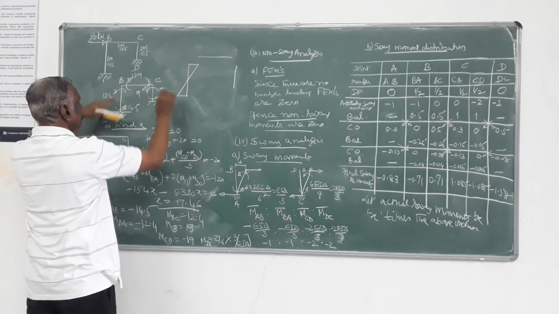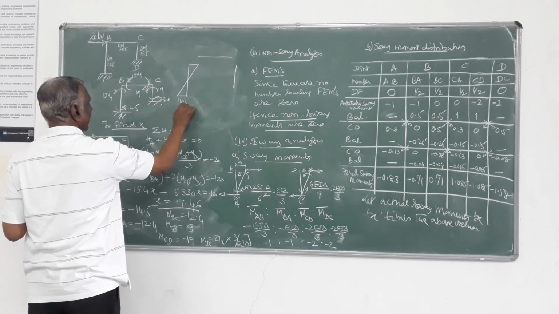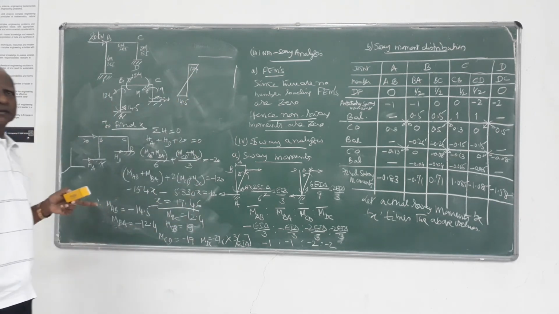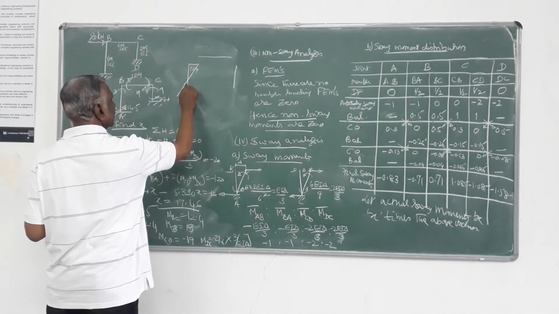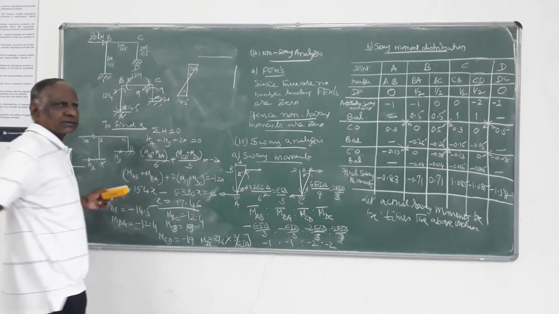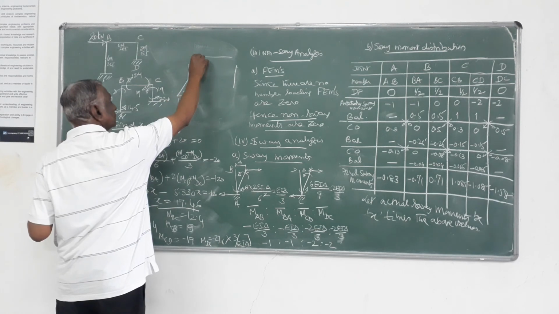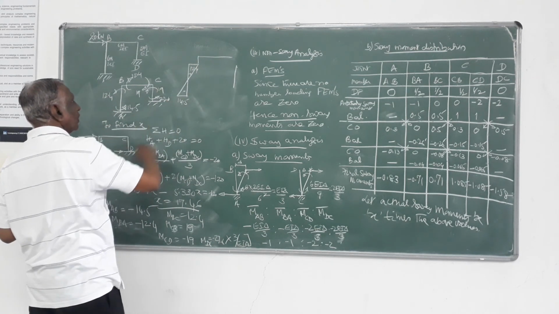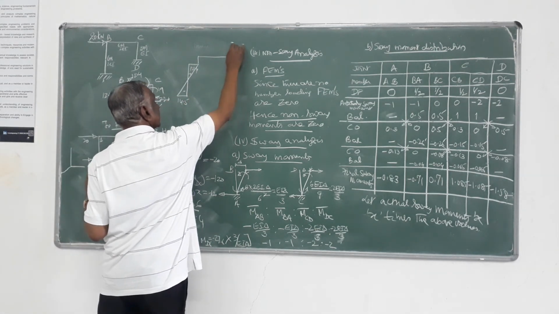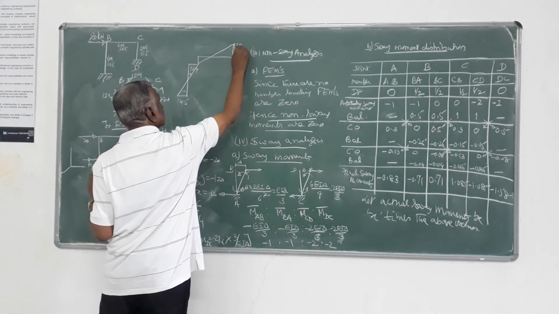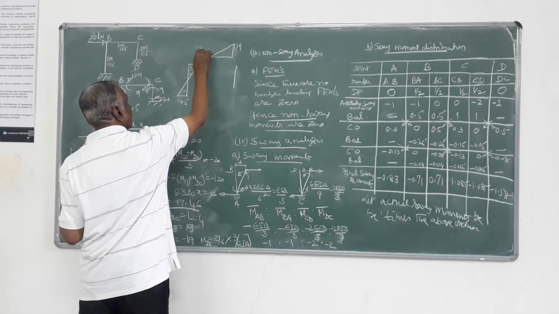You can join 14.5 and 12.4. So this is negative, this is positive. Then here 12.4 down by the same amount. Here it is 19. You join that. This is 19, 12.4.